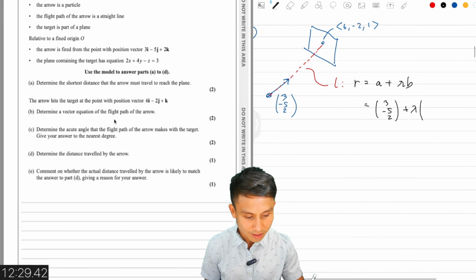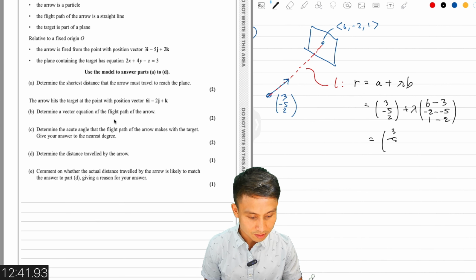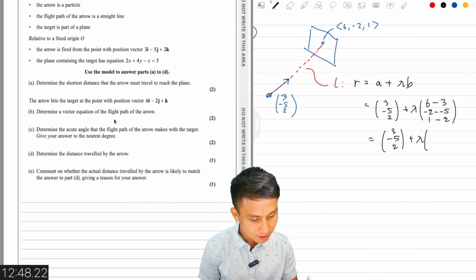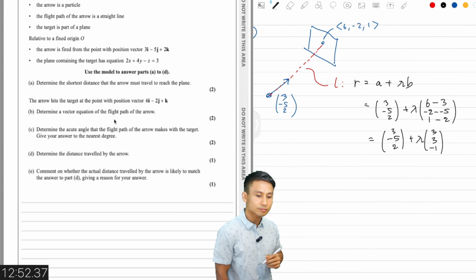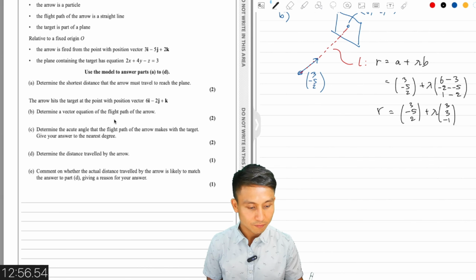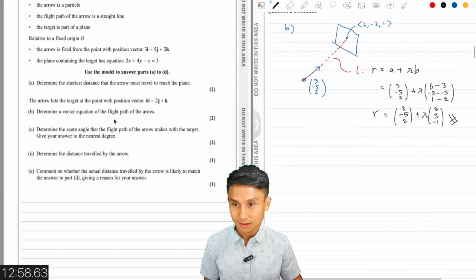So we're just going to do 6 minus 3, minus 2 minus 5, and 1 minus 2. So that would be (3, -5, 2) plus lambda times (3, 3, -1) after simplifying. Yep, okay. That's the vector equation of the path.